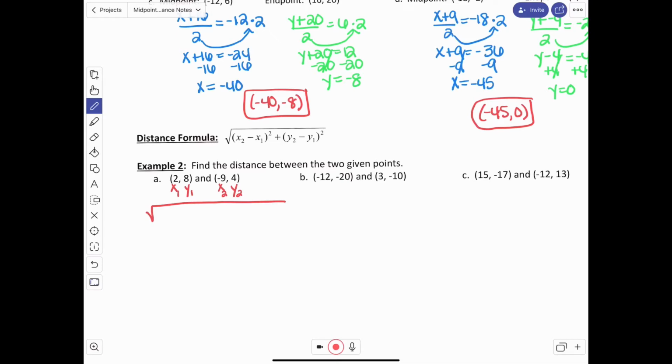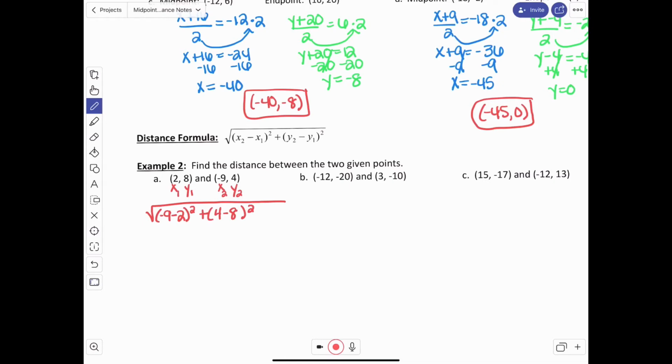Whichever X you do first, you have to do the Y that goes with that same X first. But if we follow our formula, we're going to do -9 minus 2 squared plus 4 minus 8 squared, okay?